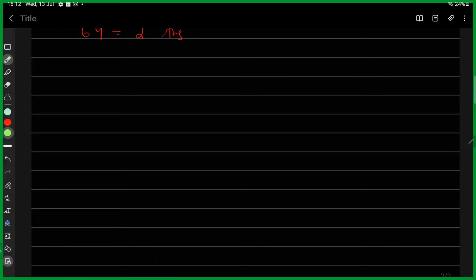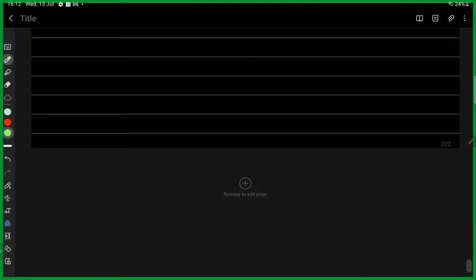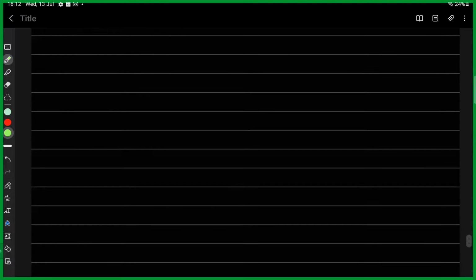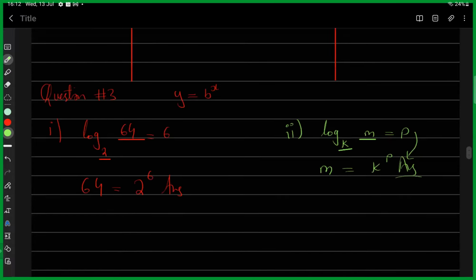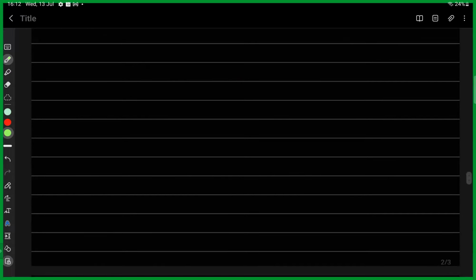Just like you study properties of indices, here we have some properties of logarithms.